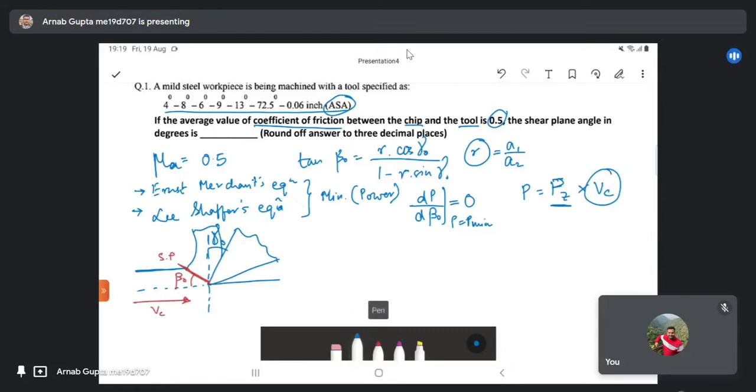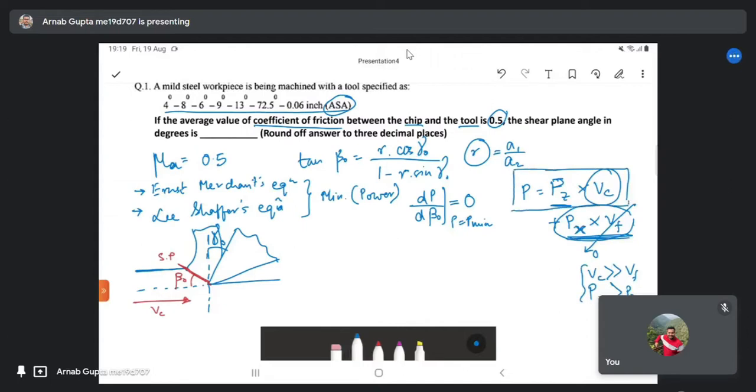There are other components of power also due to the feed motion and the force along that direction, but we can conveniently neglect them since the value of Vc is quite a bit larger than Vf, and also Pz is greater than Px. With these assumptions, that term can be neglected, and all we are left with is Pz into Vc.